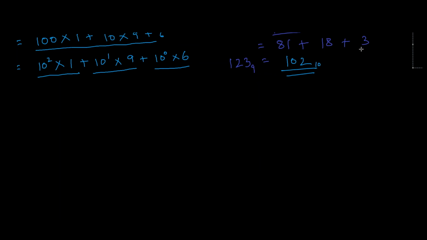If I've got, say, 9, 2, 4, 3 in the base 9 system, I can write it down like, oh wait, I can't do this, can I? Because this is not a number in base 9.